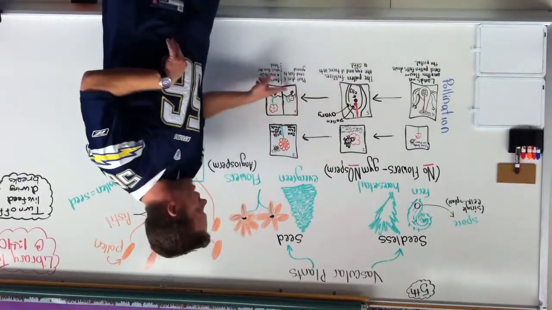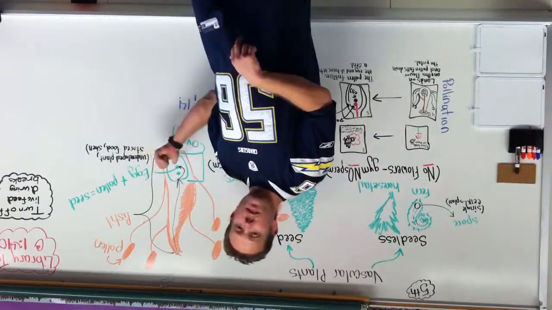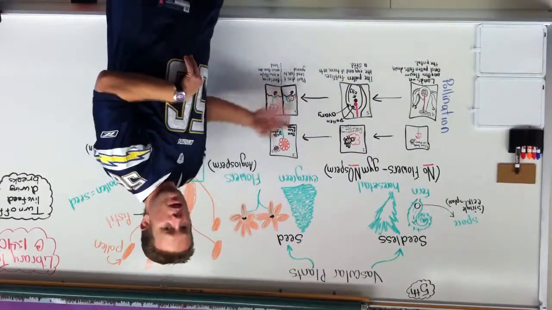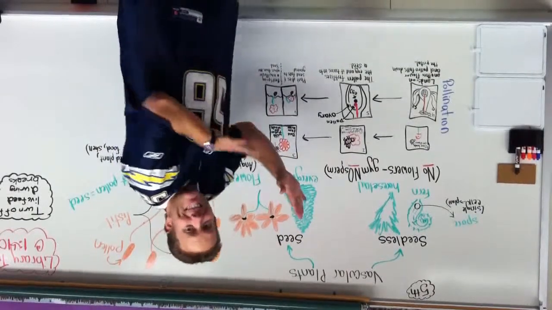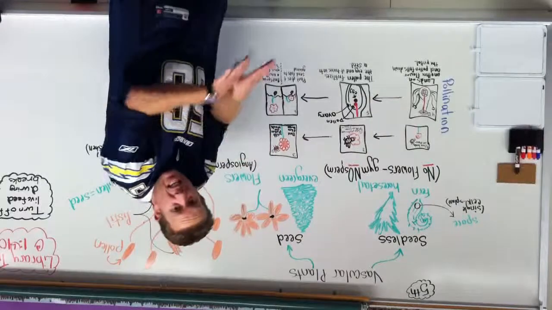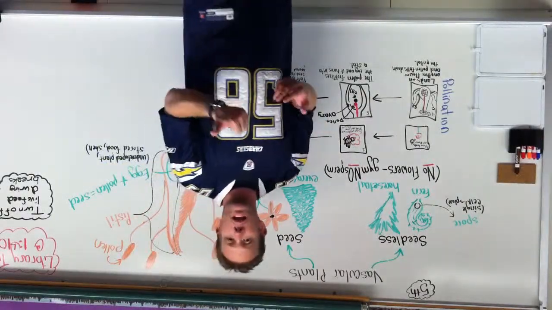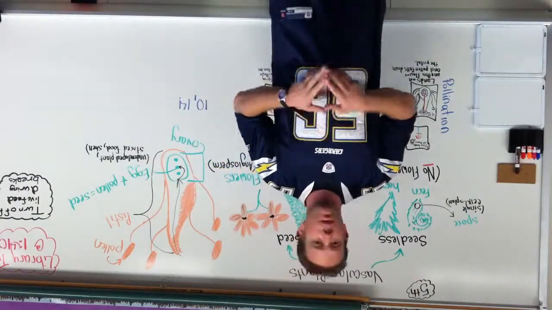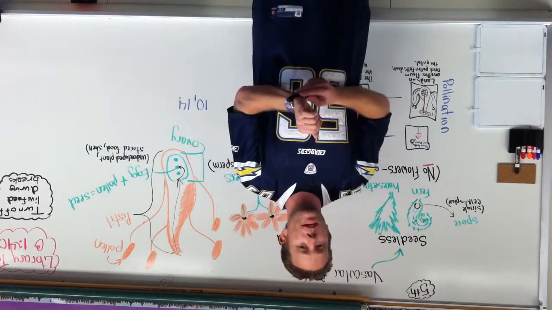In step 6 here, the plant dies, and then the seeds that were in the plant go into the soil, because as you can see here in the picture, the plant dies and it falls over and it goes into the soil. So now the seed ends up in the soil, and then as long as you have the right conditions like water and sun and that sort of thing, a new plant is going to start from the seed.